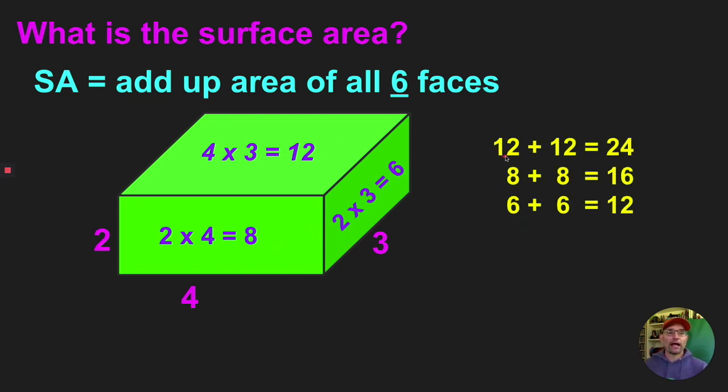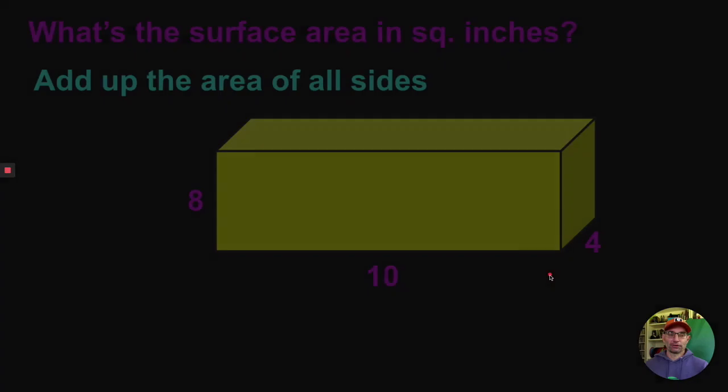So if we add those up, we have 12 plus 12 is 24, 8 plus 8 is 16, 6 plus 6 is 12, right? That's how we have all 6 sides. Now we add all those up, and we get a surface area of 52 square units for whatever inches or centimeters is. We'll call it square units. Got it? Cool. Let's try another example.